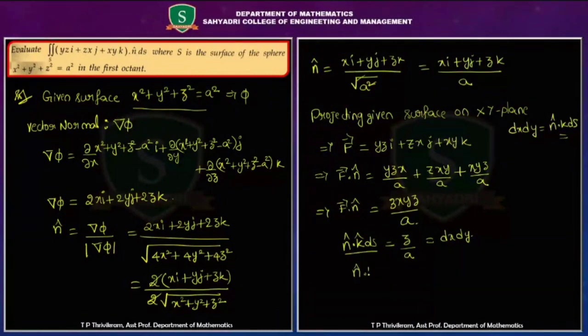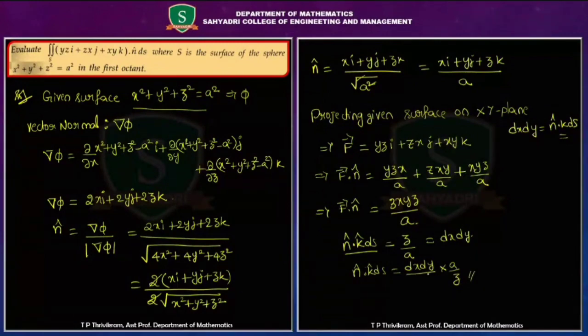N cap dot k ds is equal to, sending this one to this side, dx dy divided by z by a, or dx dy into a by z. Okay.